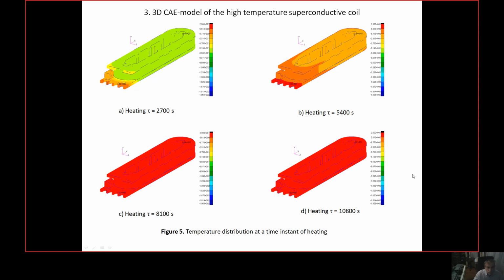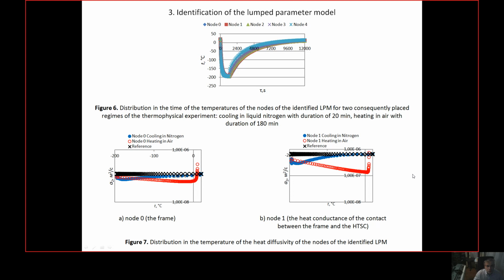The distribution of the temperature of the nodes in the lumped parameter model identified by the CAE model is shown in Figure 6, while the dependencies of the heat diffusivities on the temperature are in Figure 7.